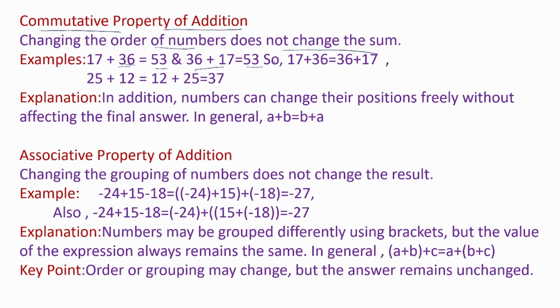So 17 + 36 = 36 + 17. Similarly, 25 + 12 is equal to 12 + 25, both equal to 37. In addition, numbers can change their positions freely without affecting the final answer.